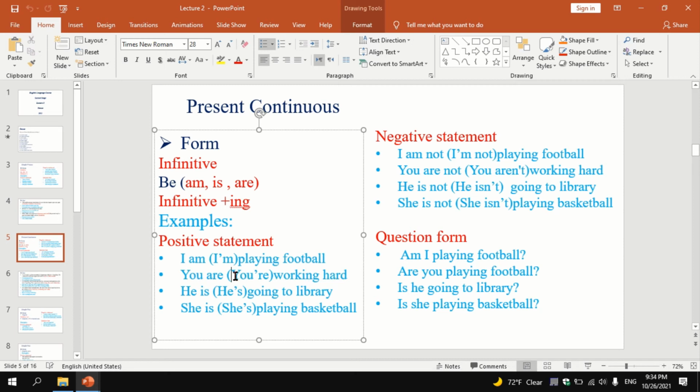You are working hard. He is going to library. She is playing basketball. In negative statement, I am not playing football.